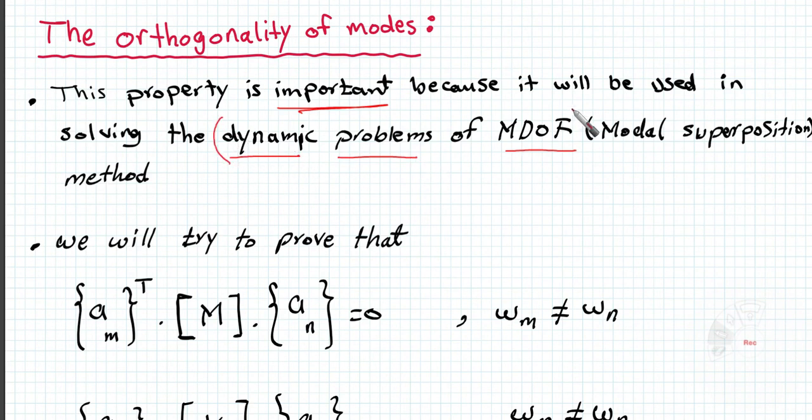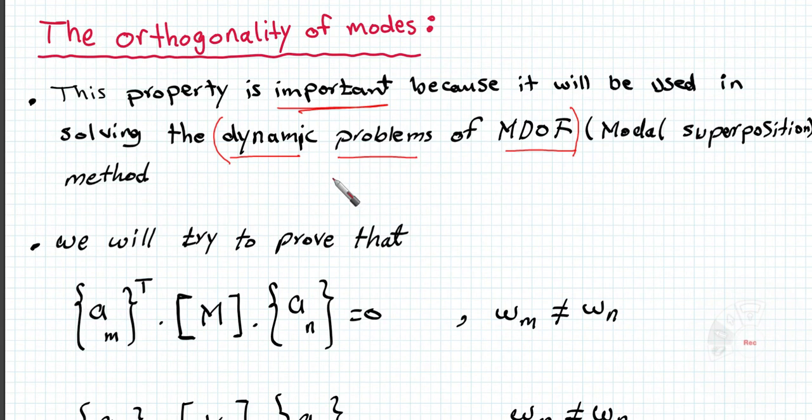Why I'm placing emphasis on this point: because after going into the mathematics of this orthogonality condition, sometimes you ask yourself why we are studying this condition, or why we go into this math for proving this condition.